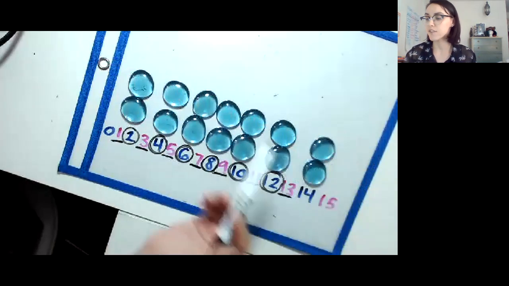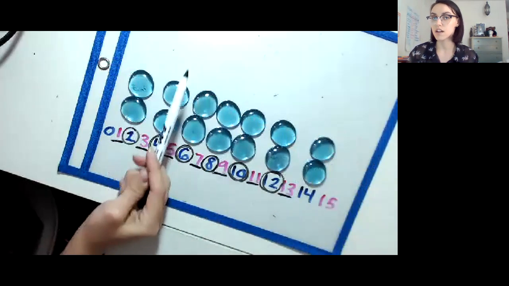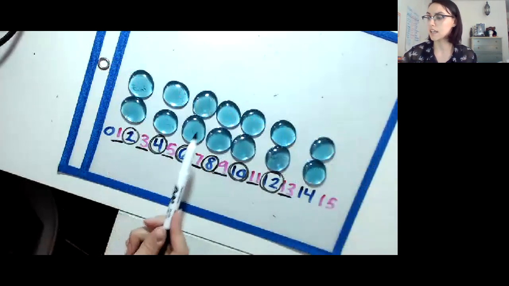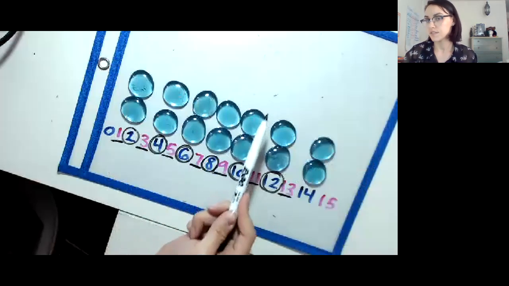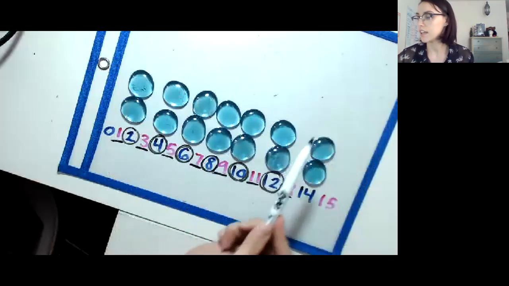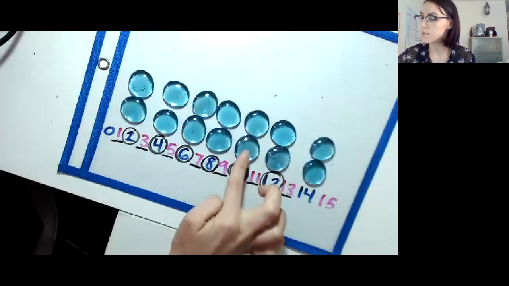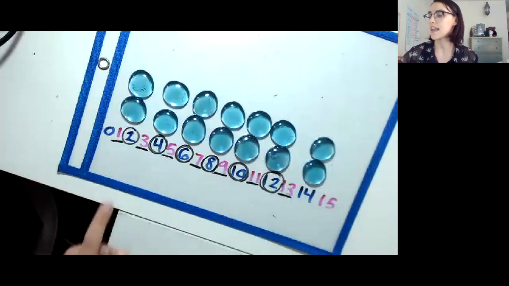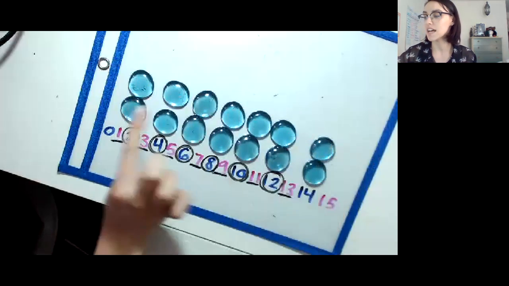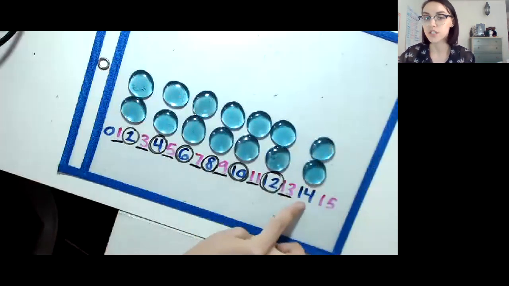All right, everyone looks like they have a pair. There's a partnership happening with each counter. Nobody's left out. We also could do a doubles fact by saying 7 plus 7 is 14.